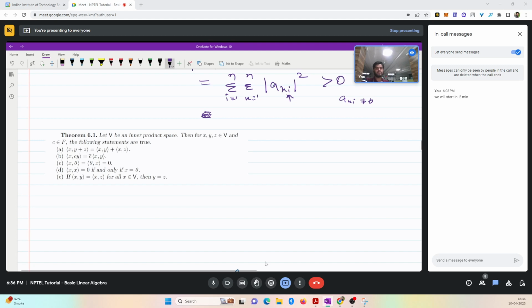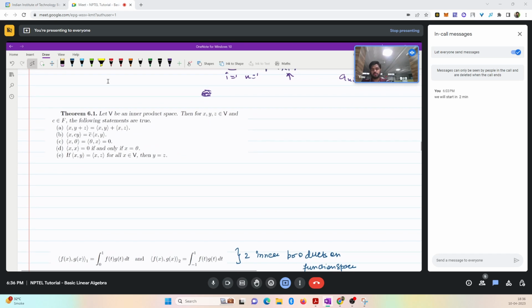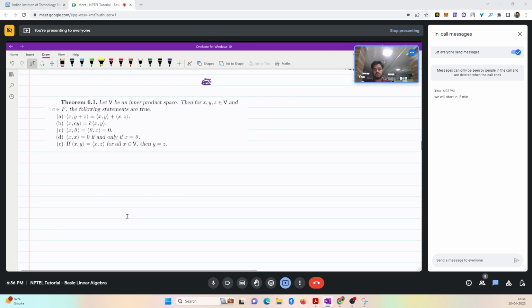Now we will try to prove some properties that come naturally from the definition of inner product space. I won't prove this very formally; I'll try to give an informal way to prove it. If you look at the first one, it says that it should split even in the second component.